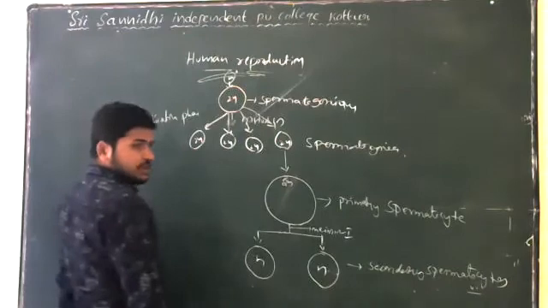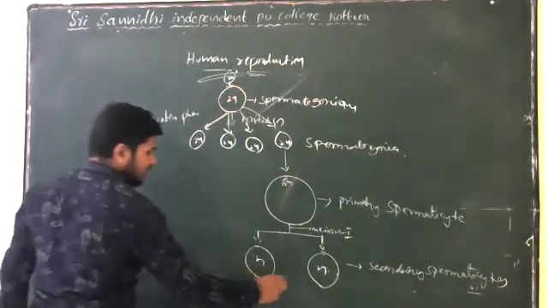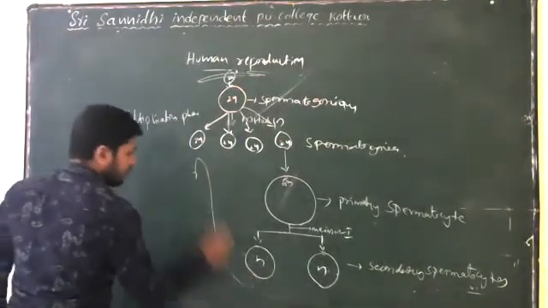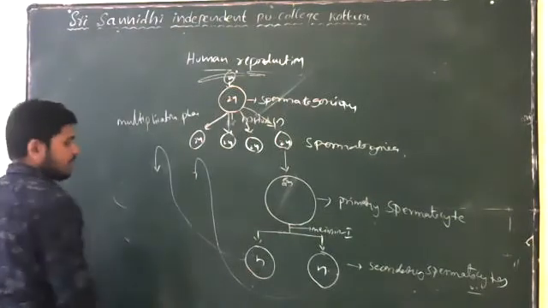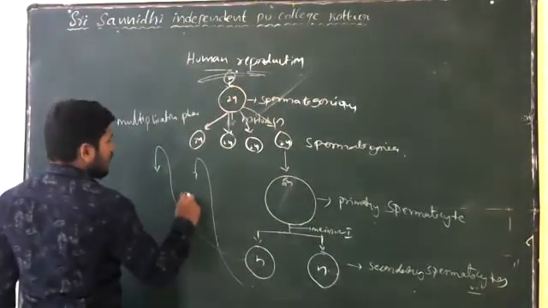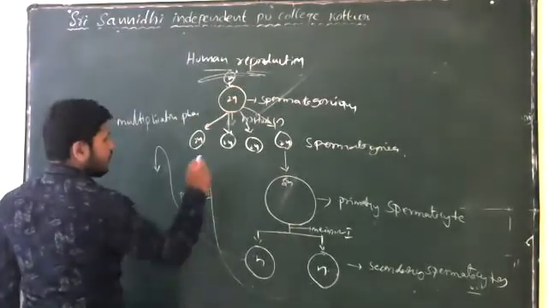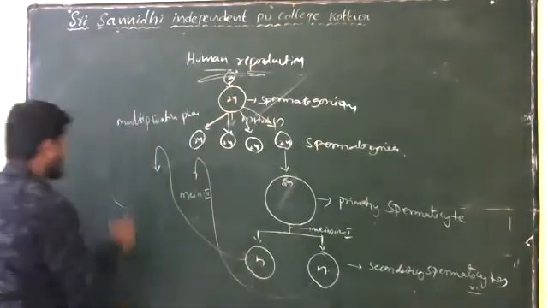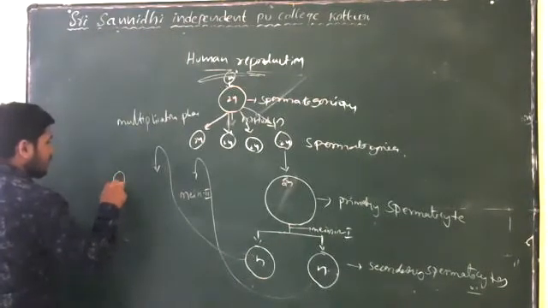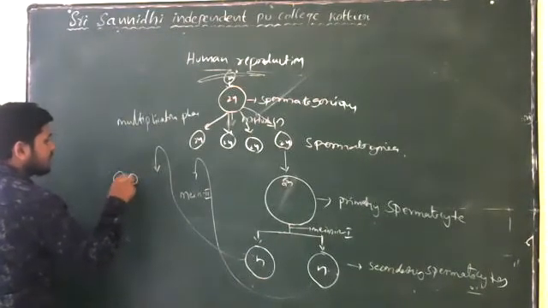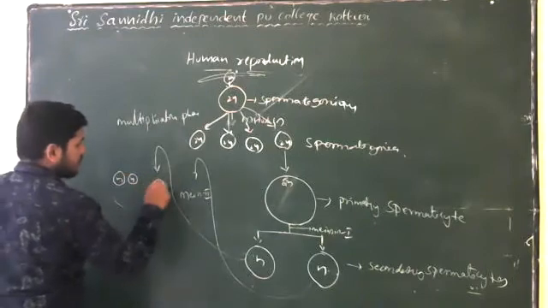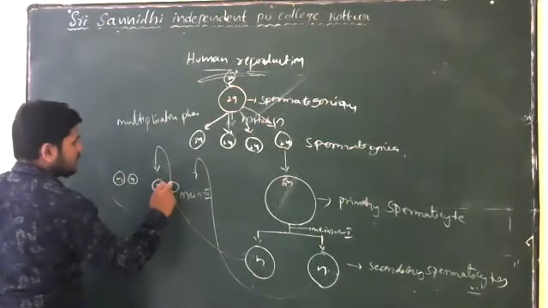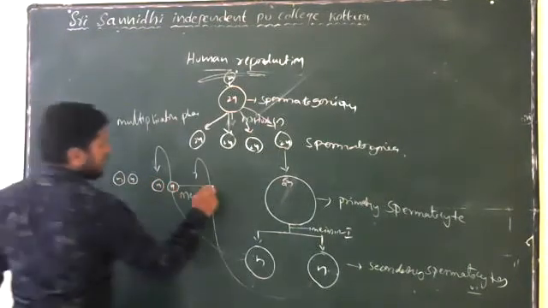These secondary spermatocytes undergo meiosis 2, and each secondary spermatocyte produces two haploid spermatids, a total of 4 spermatids.